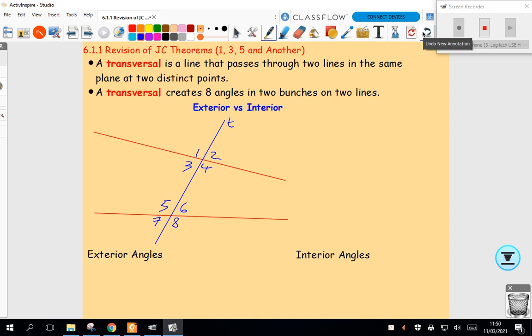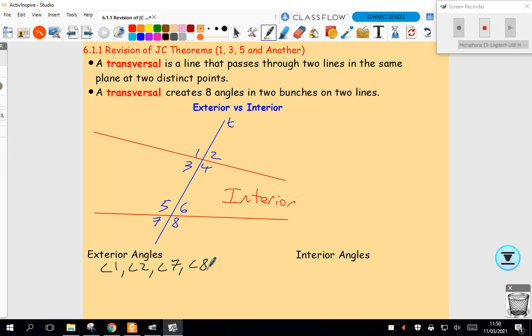In between the two lines that are being crossed is called the interior. Outside of them is called the exterior. So the exterior angles in this particular setup are angle 1, angle 2, angle 7, and angle 8.